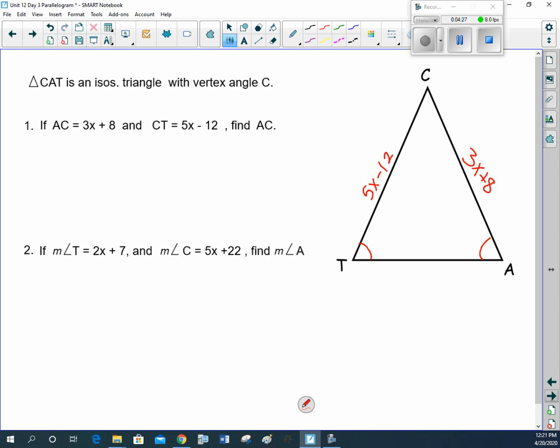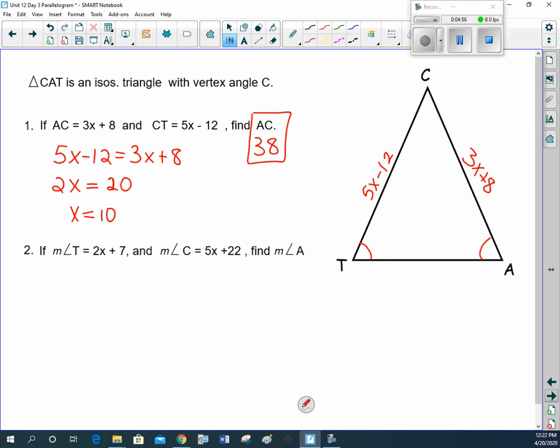Since I know the base angles are congruent, the sides are congruent, so I'll put those two equal to each other. 5x minus 12 equals 3x plus 8. Combine my like terms. So 2x equals 20, and so x equals 10. To find the length of AC, I go 3 times 10, which is 30, plus 8, which is 38. So AC is 38 units long.